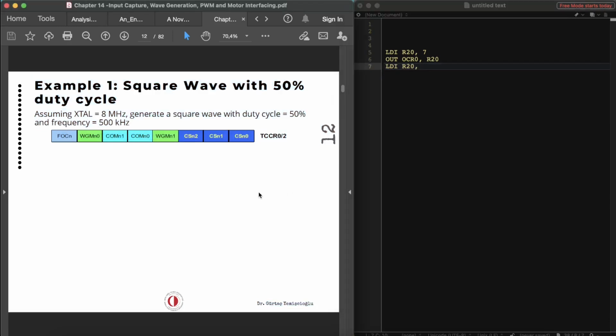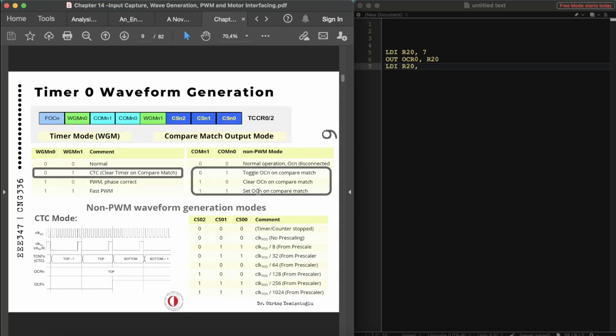So we had to set the prescalers. So prescaler 1, okay, so no prescaling is 0, 0, right? So, sorry, yeah, this has to be 1, 0, 0, 1. They're not going to be the same. This has to be 1.